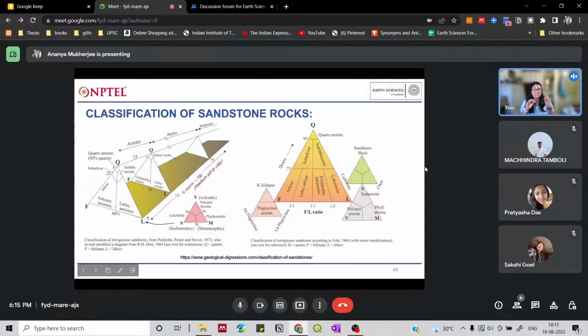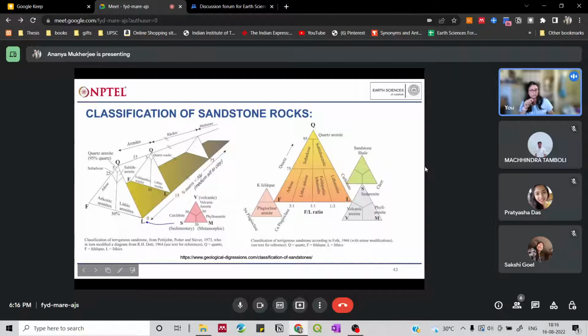are the sedimentary rocks found the most on Earth's surface, around 75% of the rocks found on Earth's surface are sedimentary rocks. So it becomes essential to classify the different rocks that we see based on different criteria.